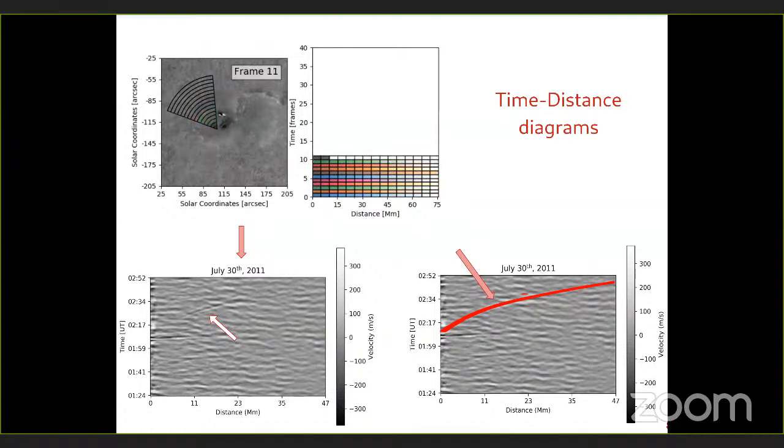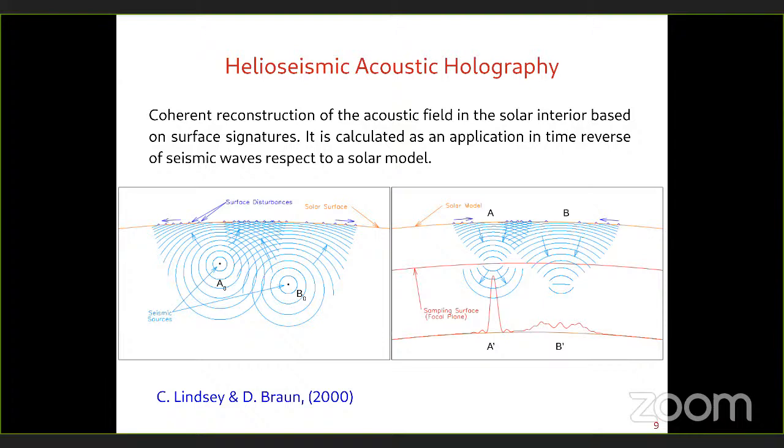On the other hand, helioseismic acoustic holography is this computational technique intended for the reconstruction of the acoustic field in the solar interior by measuring those surface disturbances. The main idea of this technique is to render images of the sources that give rise to those surface disturbances. In the image at the left, we see here an idealized example where we have two seismic sources embedded in the sun, at different depths.